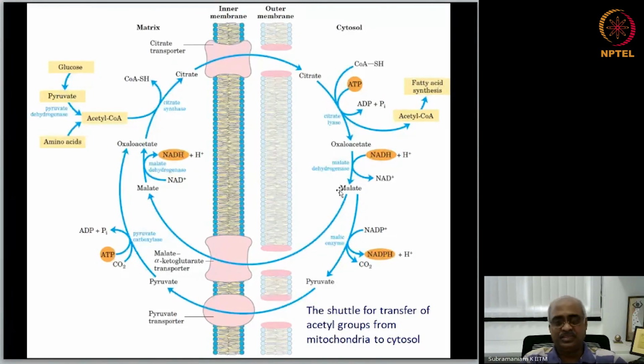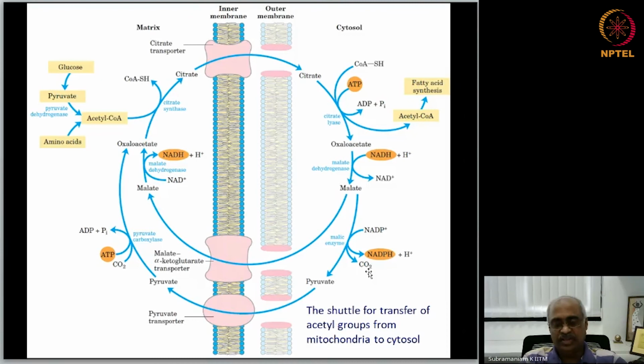Now in the reversal, consuming energy, the reducing equivalent NADH gets oxidized, so you get malate. And malate has two ways of getting back to mitochondria. One, malate is directly transported by the malate alpha-ketoglutarate transporter, or it may be converted into pyruvate by malic enzyme, another source of NADPH.